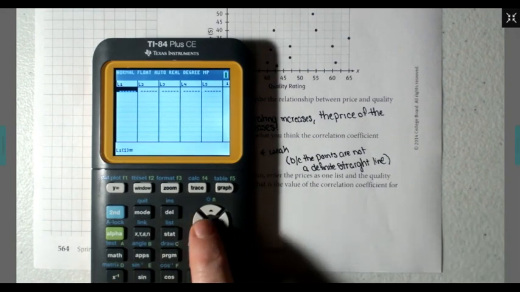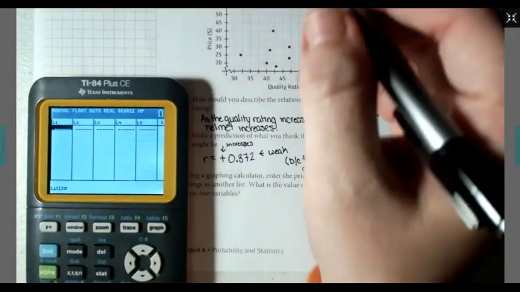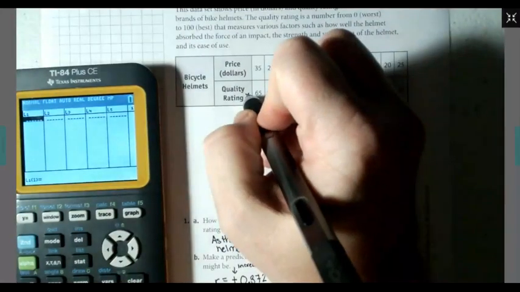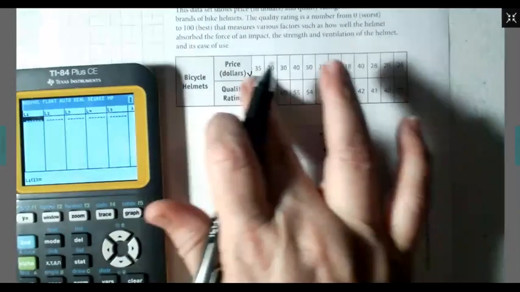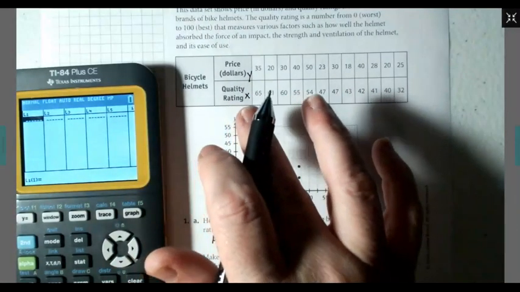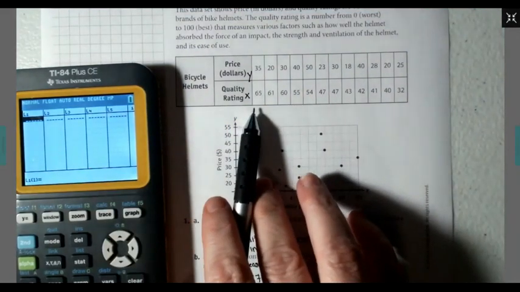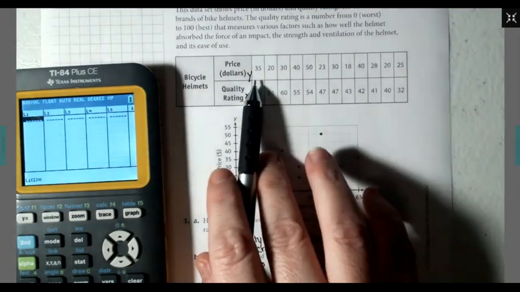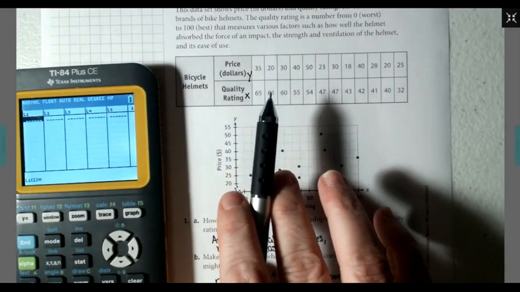Now, recall that our X coordinate was the quality rating, which is awkward because the way they wrote these, you would usually think your X's would be on the top row, but in this case, they put them on the bottom. So we're going to type in the 65, the 61, and so on in the L1 column. Then I'm going to type in 35, 20, 30, and so on in the L2 column.